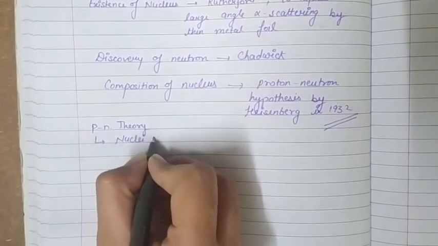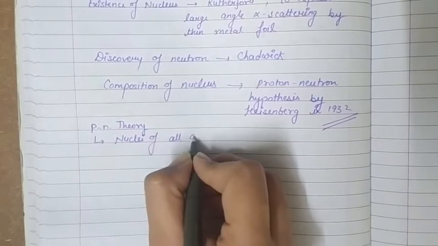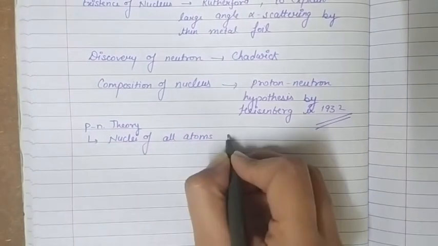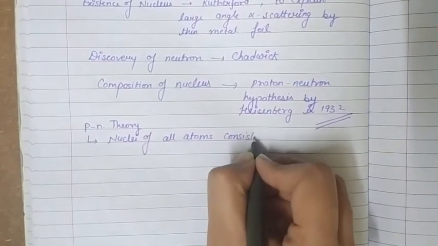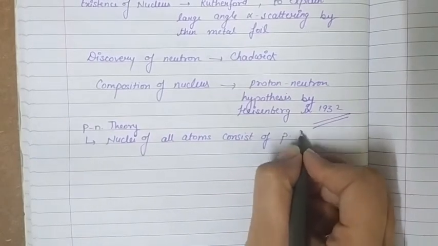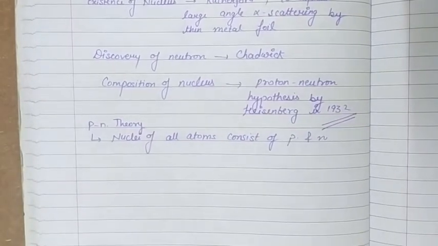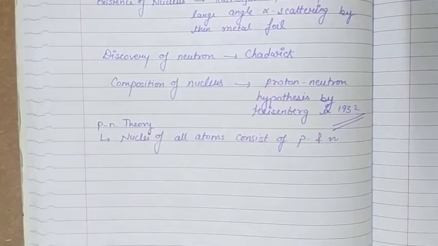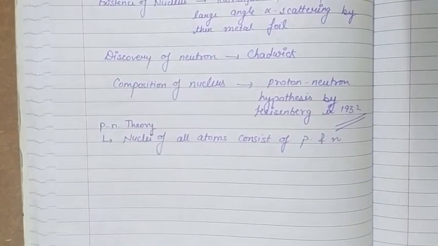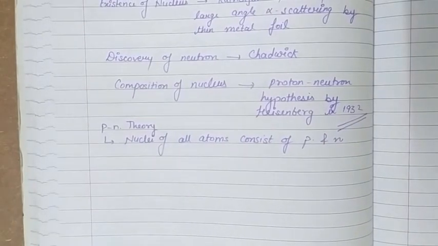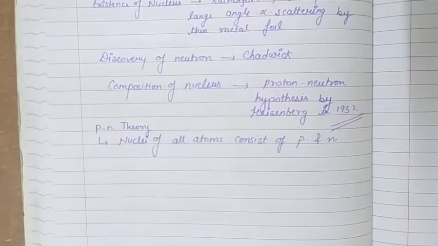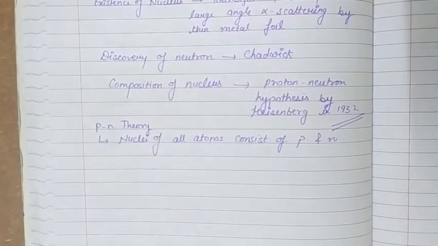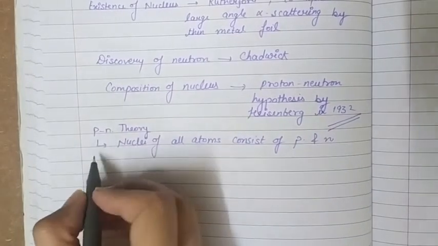So according to this proton neutron theory, nuclei of all atoms consist of proton and neutron. This is the first point. Now it also suggests that if there is a nucleus of mass number A and atomic number Z, then it will contain Z protons and A minus Z neutrons.